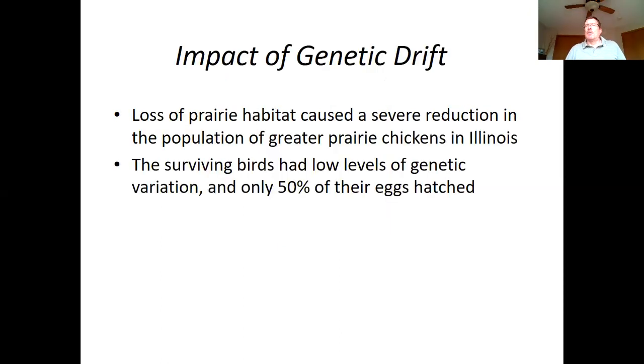All right. So what's the impact of genetic drift? And this is the endangered species changing population that your book goes over. It talks about the greater prairie chickens in Illinois.